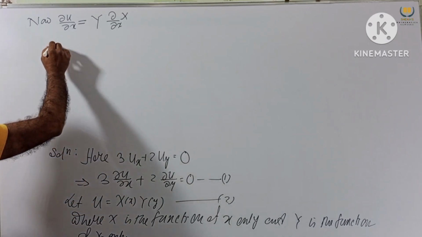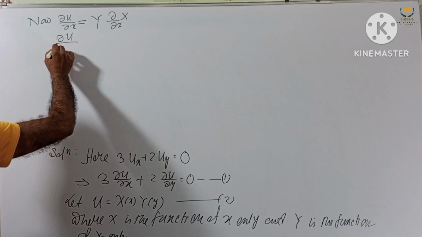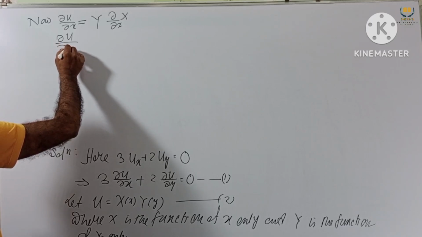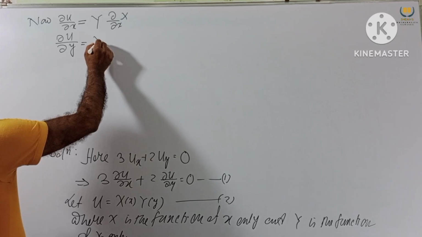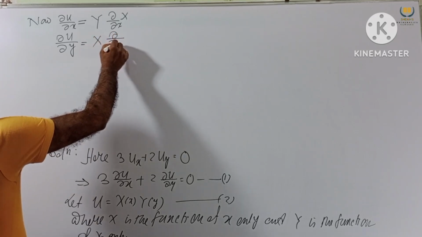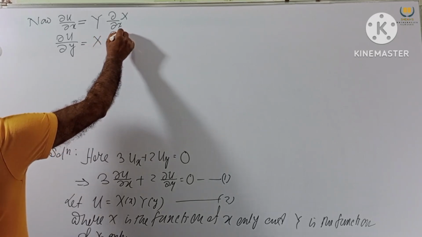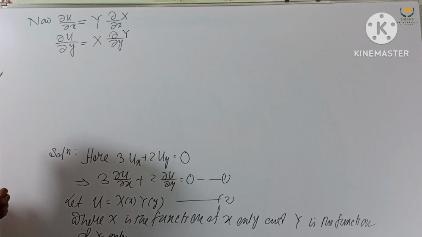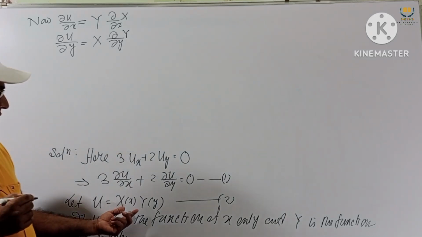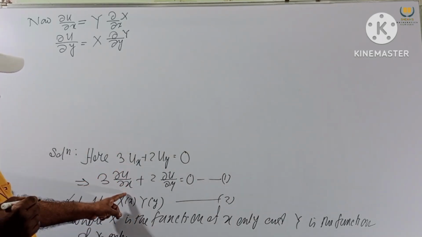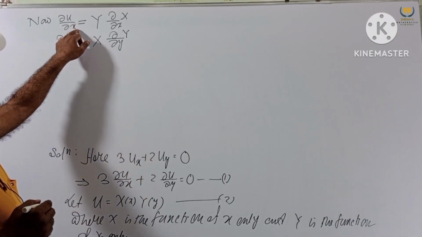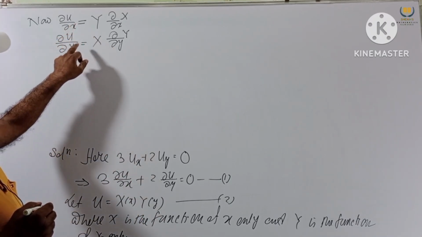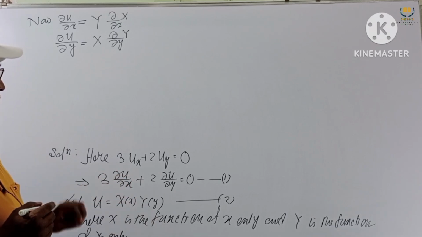Again differentiating partially with respect to y, at that time x is constant, capital X outside, del capital Y del y. We get this. So from this we find del u del x and del u del y. Now we put these values in equation number 1.